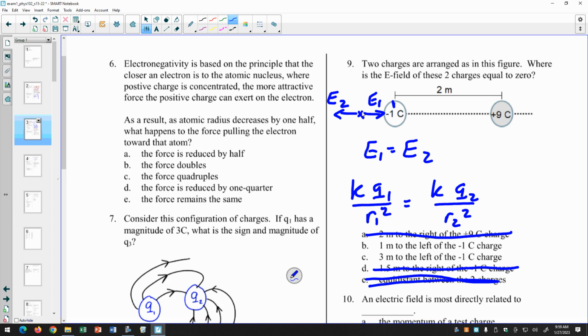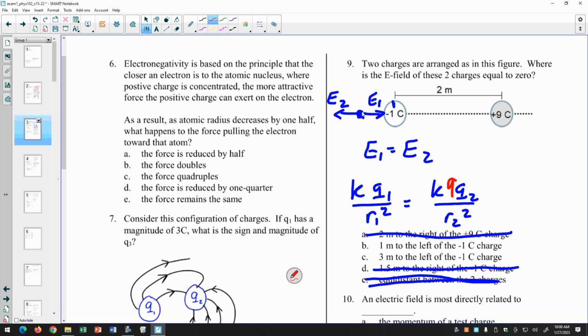Now, Q2 is 9 times that of Q1. So the distance between this point and Q2 should be what factor of the distance between that point and Q1? If I want these to be equal, I have a 9 right here. R has to be bigger or smaller than R1 by what factor?